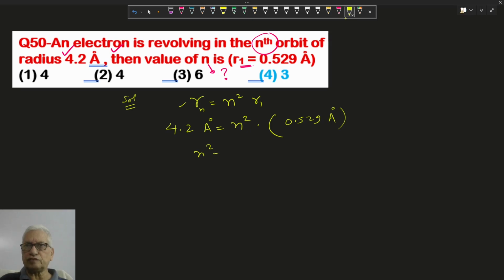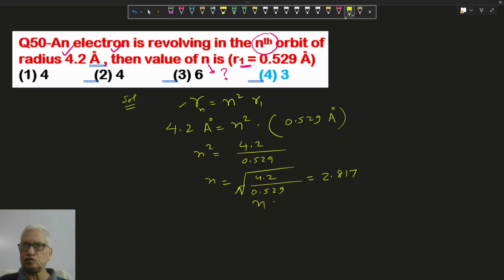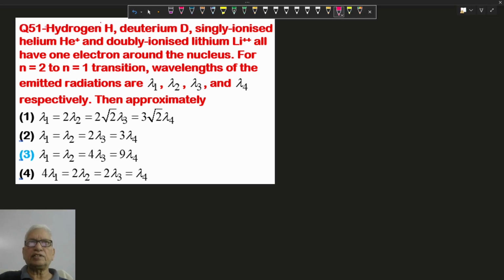So n square will be 4.2 divided by 0.529, and n will be the root of it. If we solve it, that comes to 2.817, so n is approximately 3. Option 4 is correct.